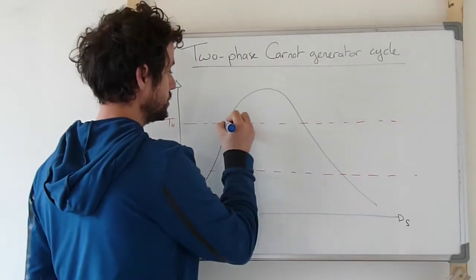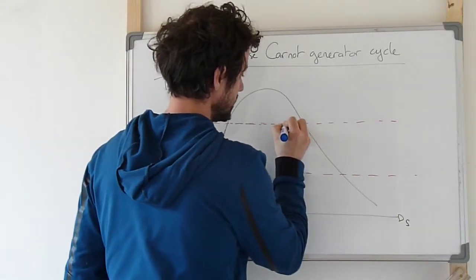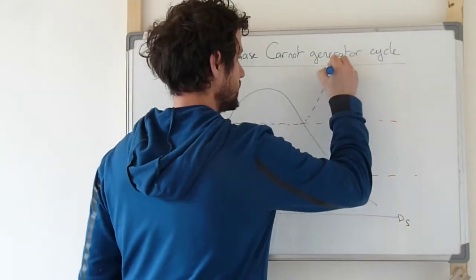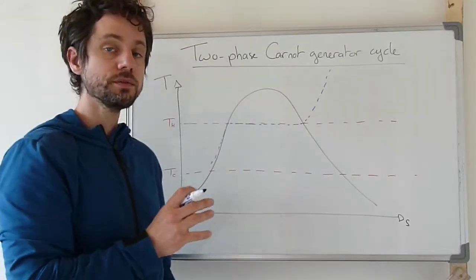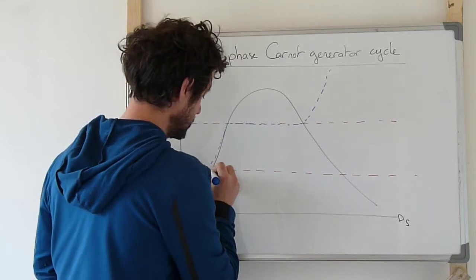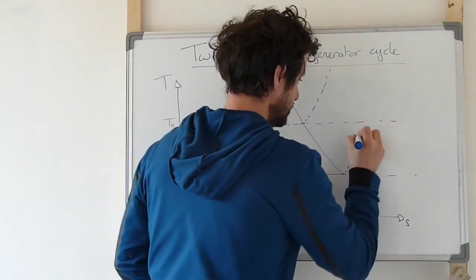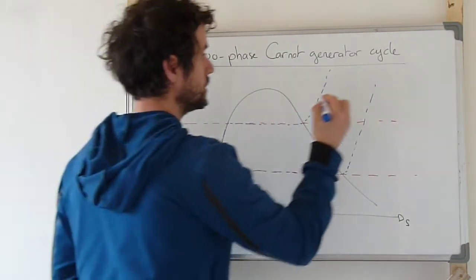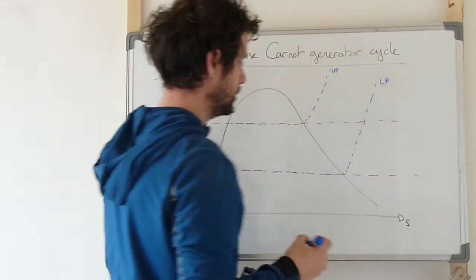And so it is possible to plot also the lines of constant pressure that are merged with these isotemperature lines of the sources inside the two-phase zone. So this is for the high pressure, and this would be for the low pressure. So high pressure, low pressure.